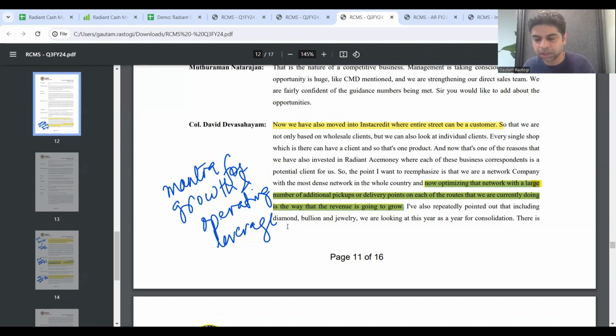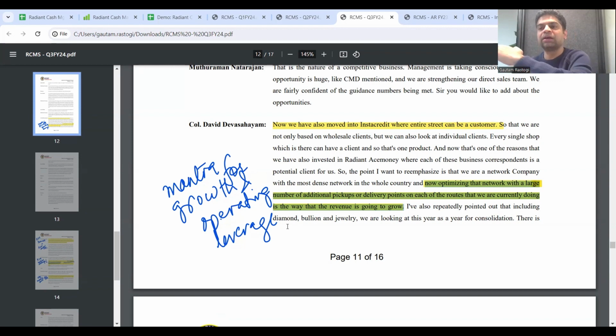So operating leverage क्या हुआ? This is a very high fixed cost business. When you have high fixed cost and you scale, if you grow revenue, your fixed cost more or less would remain the same, but any additional revenue as you scale is going to add to your bottom line, is going to add to your profitability.